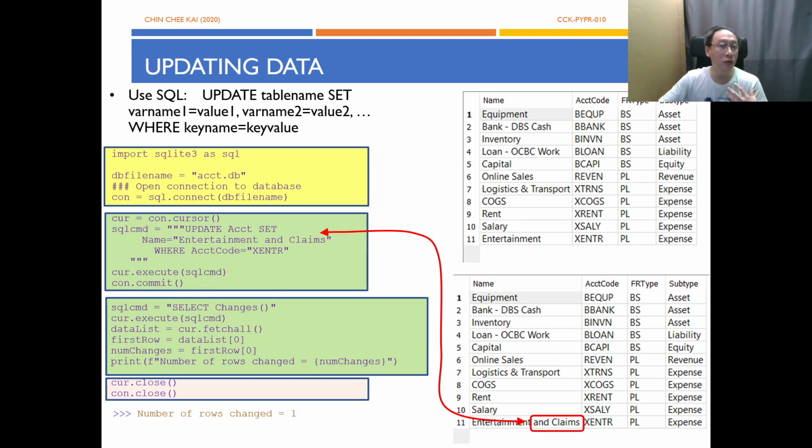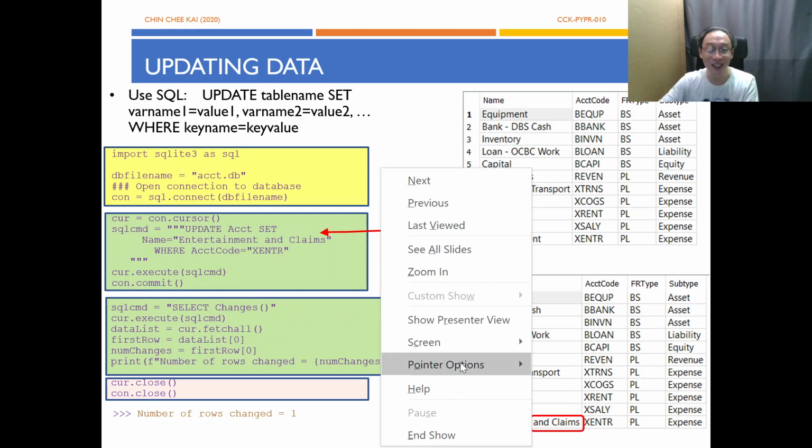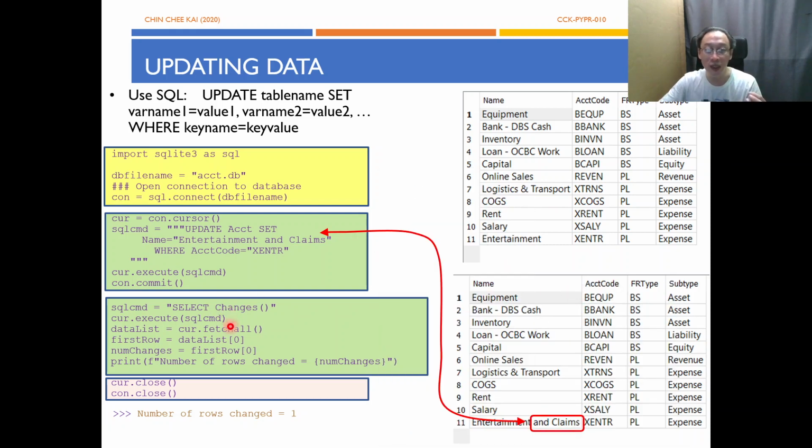So we can ask the database, how many rows of changes did you experience in the most recent operations? By executing this SQL command, select means read. Read that function called changes.